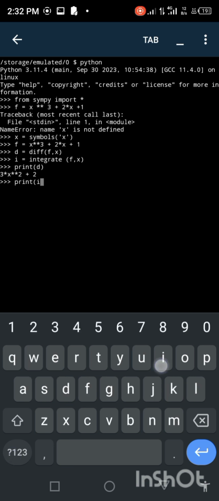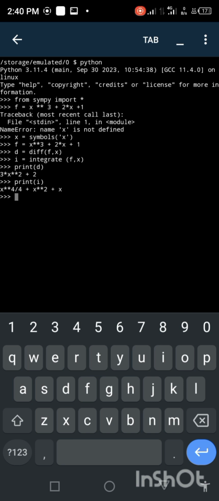Print i. It says x raised to power 4 all over 4 plus x raised to power 2 plus x. Wow, this is wonderful. Guys, how do you see? I'm quite enjoying this SymPy thing.